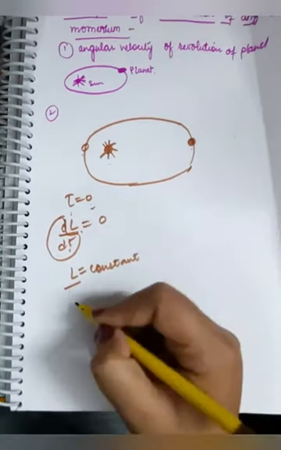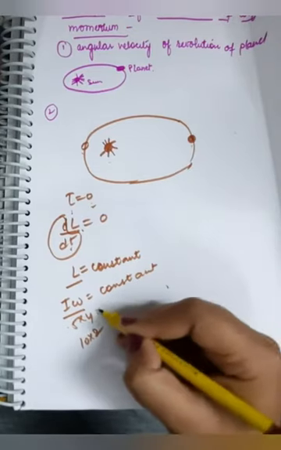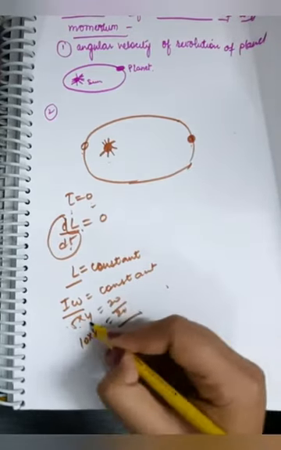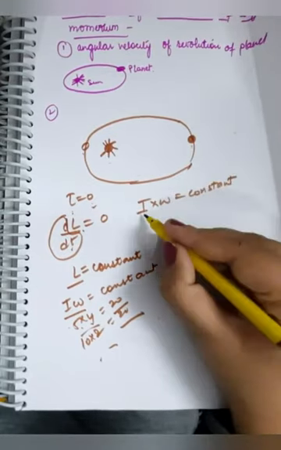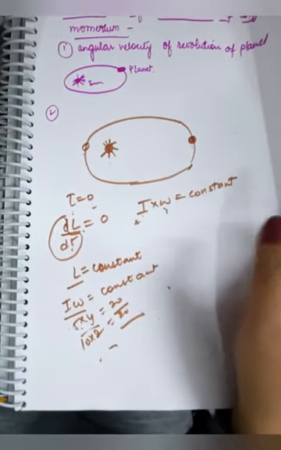This means I omega is constant, because angular momentum is I into omega. So the product is constant. Like it could be 5 into 4 is equal to 20, or it could be 10 into 2 is 20, but the product is constant. The individual values may change. So if the product of I and omega is constant, the individual values might vary, but the product always has to remain constant.